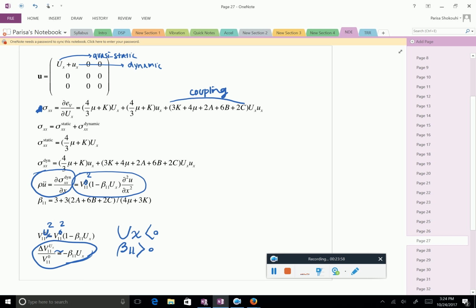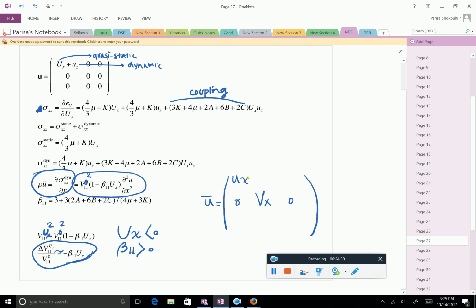What is very important is I call this beta 1,1. But there is also beta 1,2, for example, and beta 1,3. Let's look at the situation where you have the strain tensor U, and let's call this Vx.